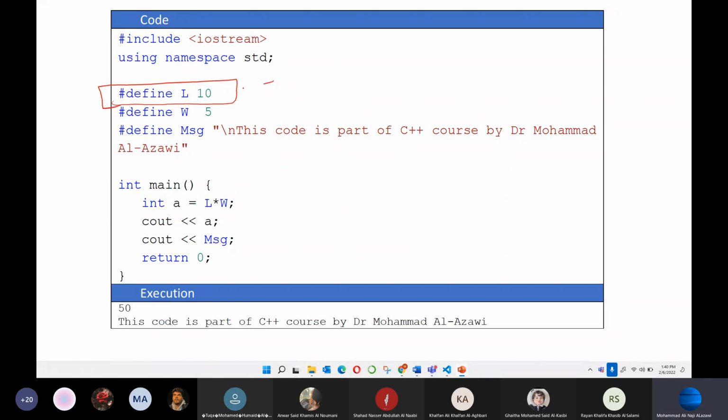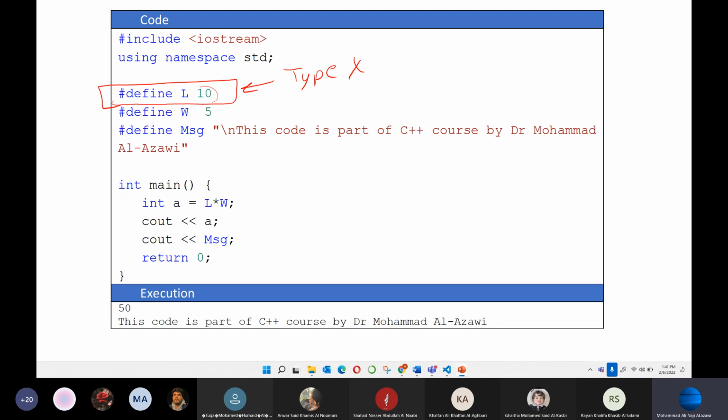Here you don't need to use the type. Just write define L as 10, define W as 5. That means wherever I use L, it will be substituted by 10, and wherever I use W, it will be substituted by 5. Define MSG message, a string.